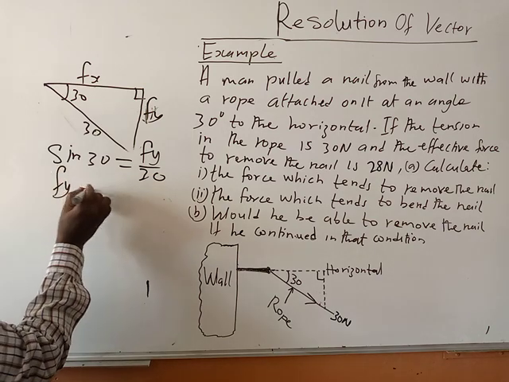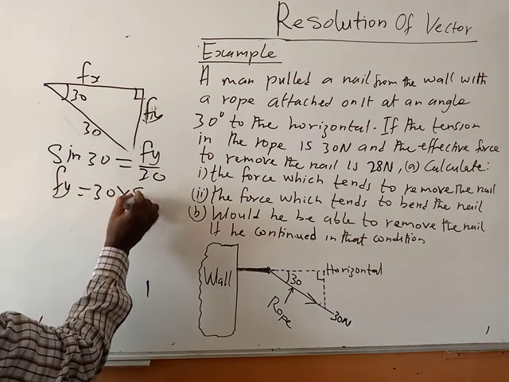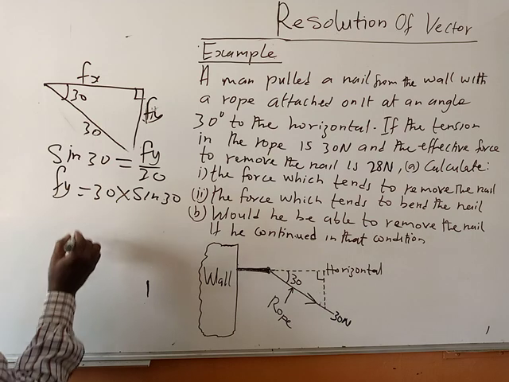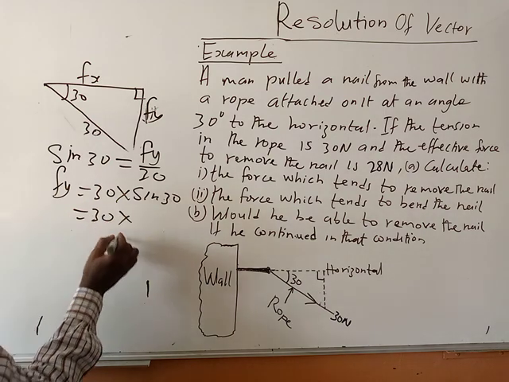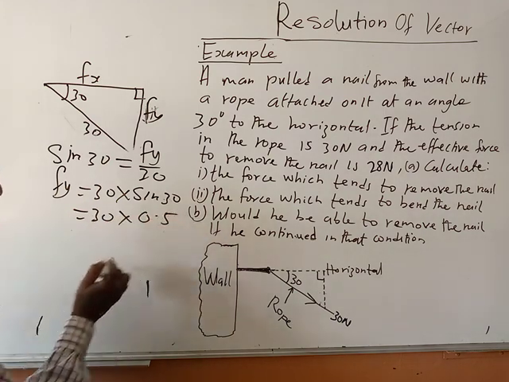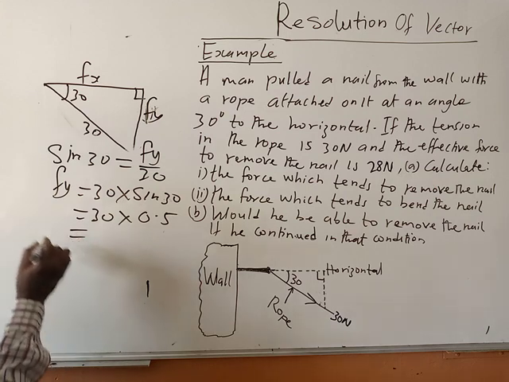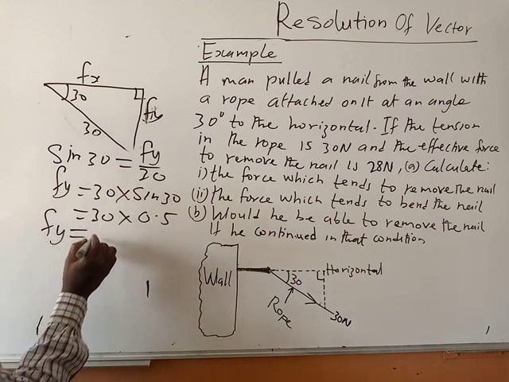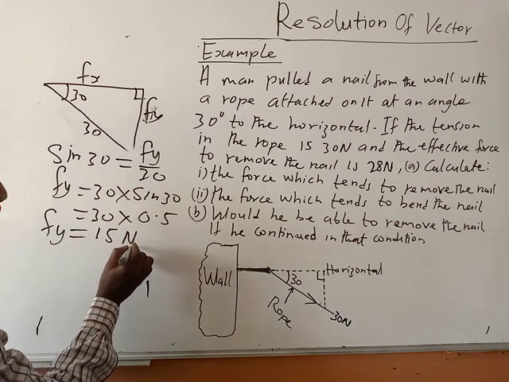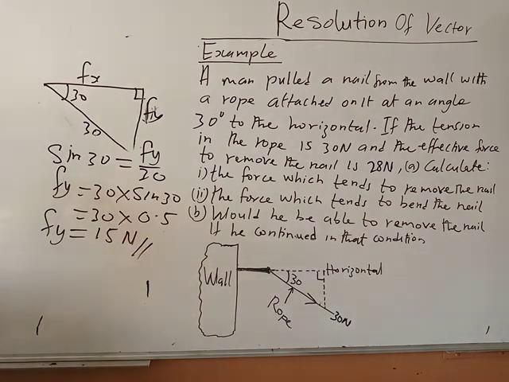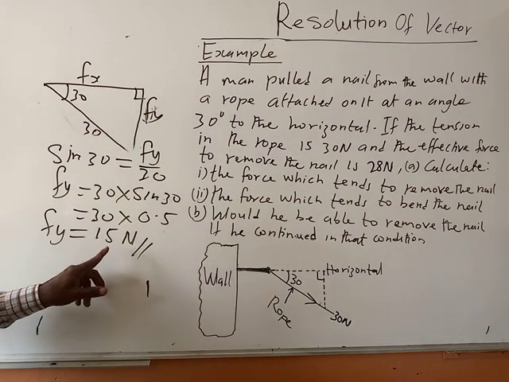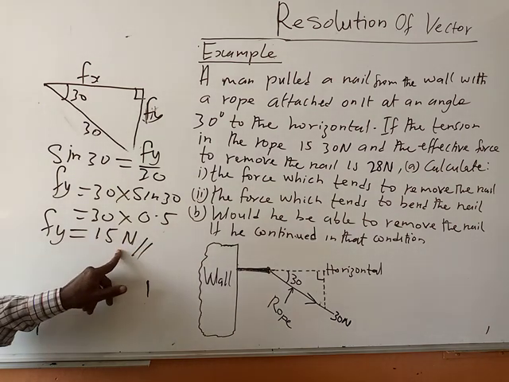Therefore, Fy is equal to 30 multiplied by sine 30, and sine 30 is 0.5. So Fy is equal to 15 Newton. So the force that is tending to bend the nail is 15 Newton.